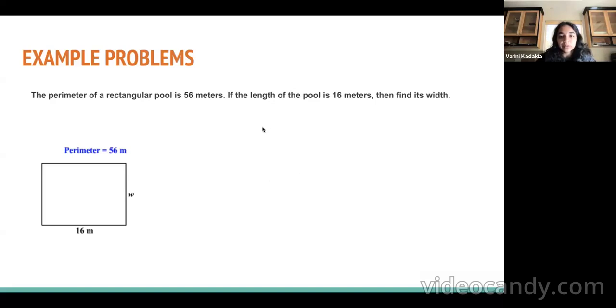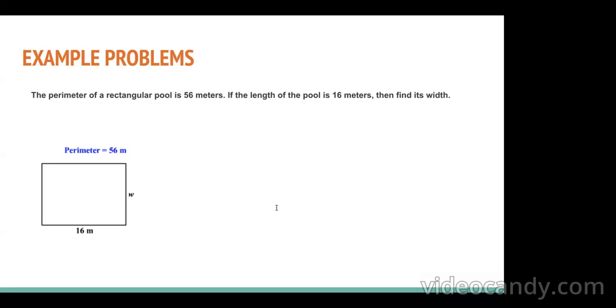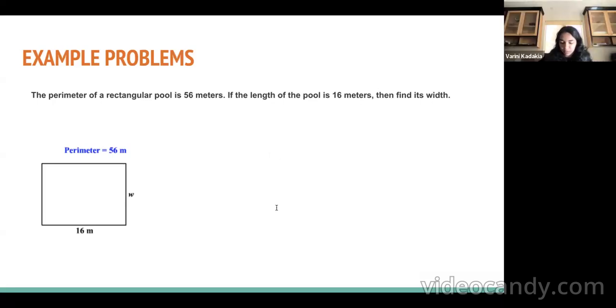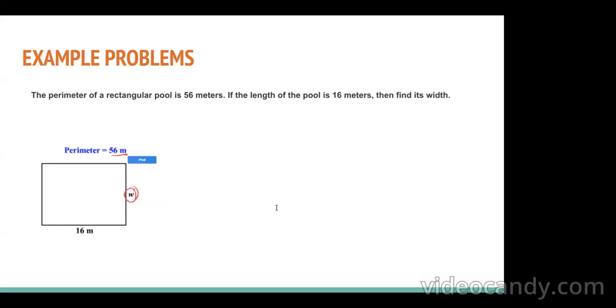Oh, don't forget units when submitting. You guys want to find the width. So you're given the perimeter.